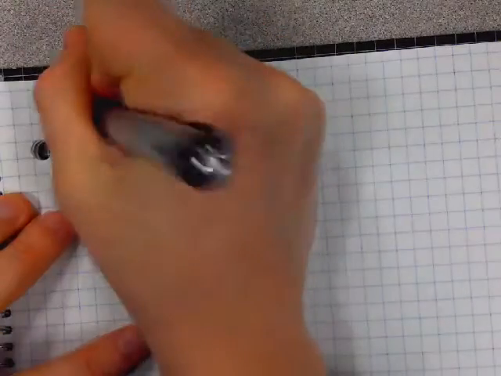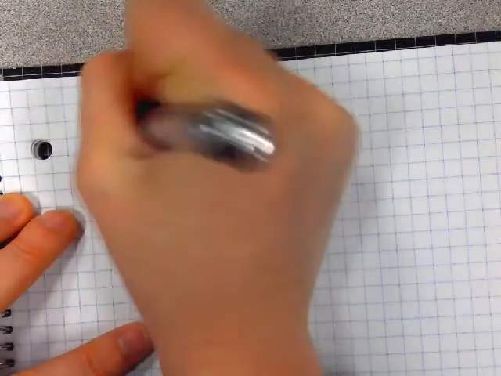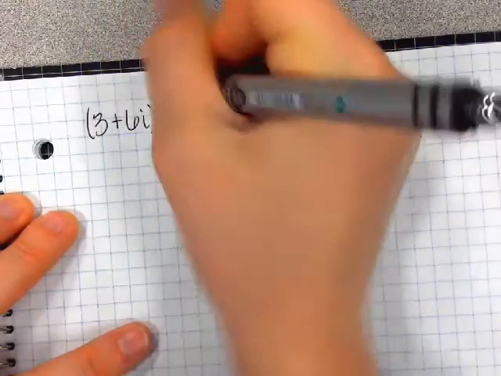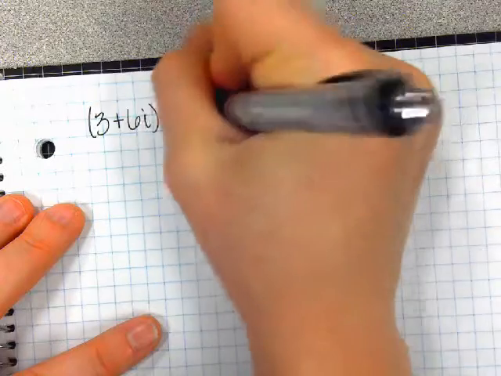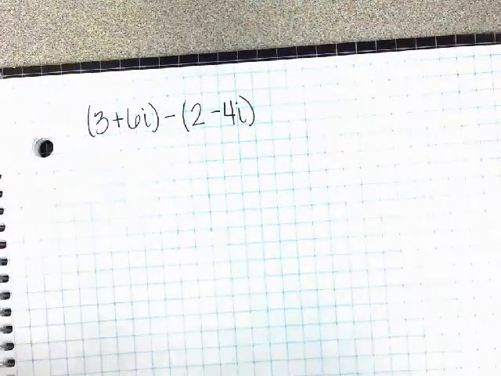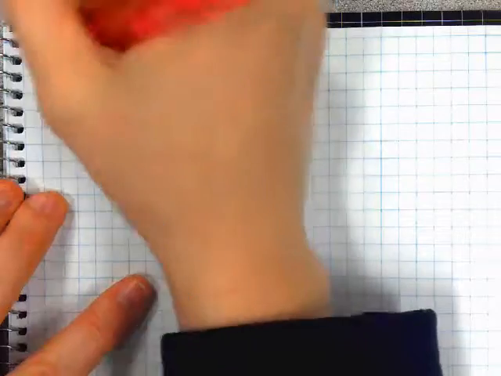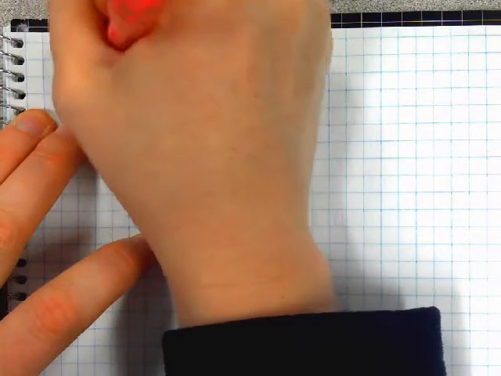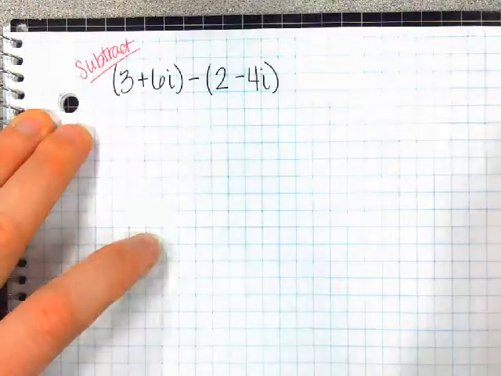Let's go ahead and do a subtracting one. So if we have 3 plus 6i minus 2 minus 4i, and this is subtracting because of that sign right there.